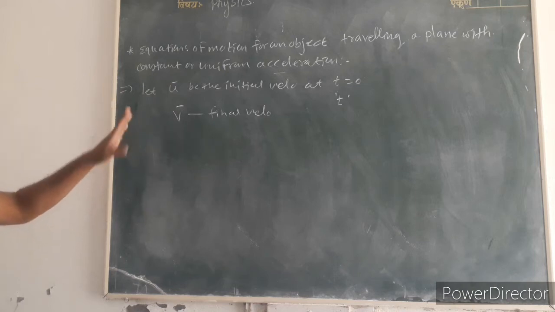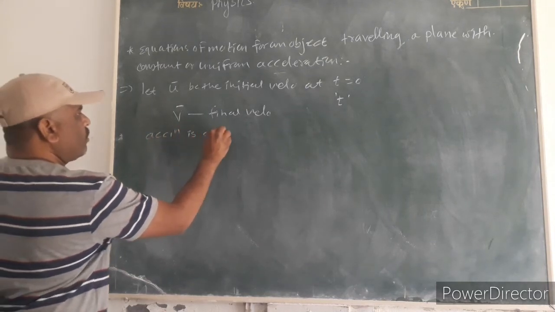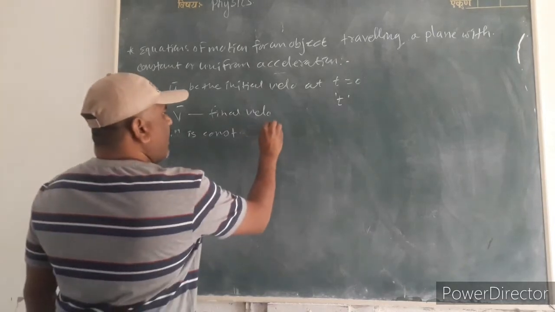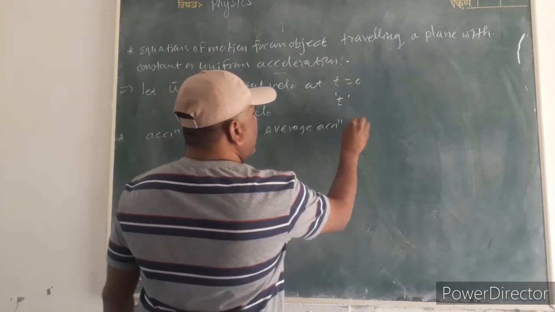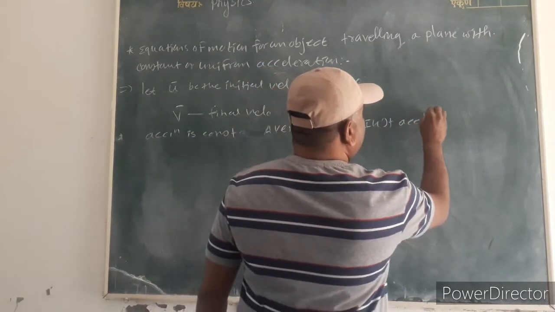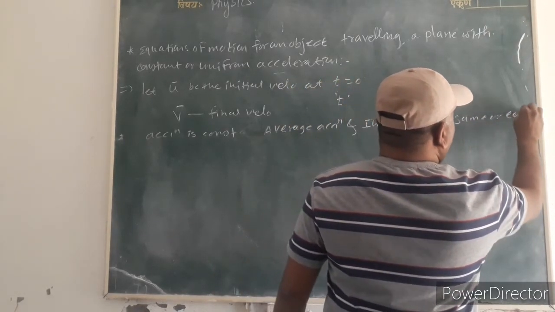Now, if the acceleration is constant or uniform, then average acceleration and instantaneous acceleration are the same or equal.